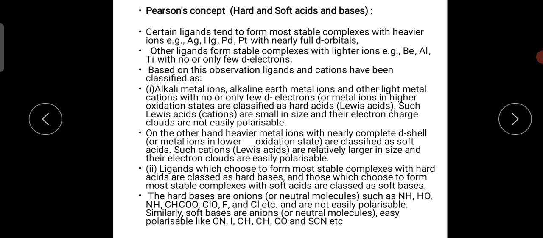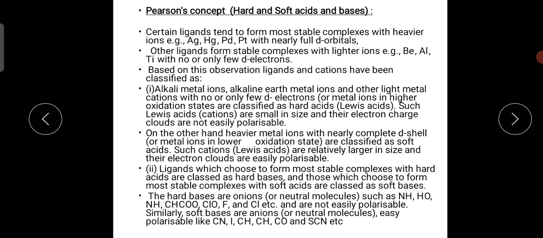Based on this, we classify them into sections: alkali metal ions, alkaline earth metal ions, or other light metal cations. These ions have very few d orbitals, sometimes none, but they have higher oxidation states.